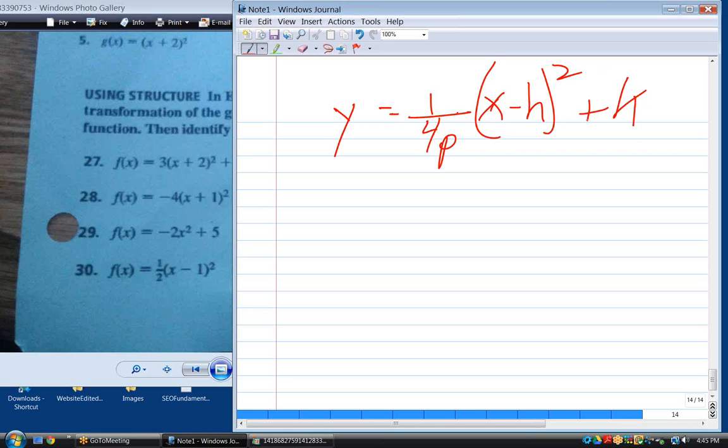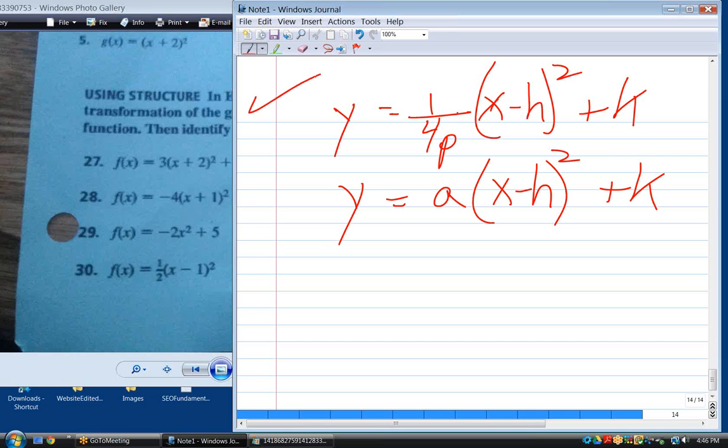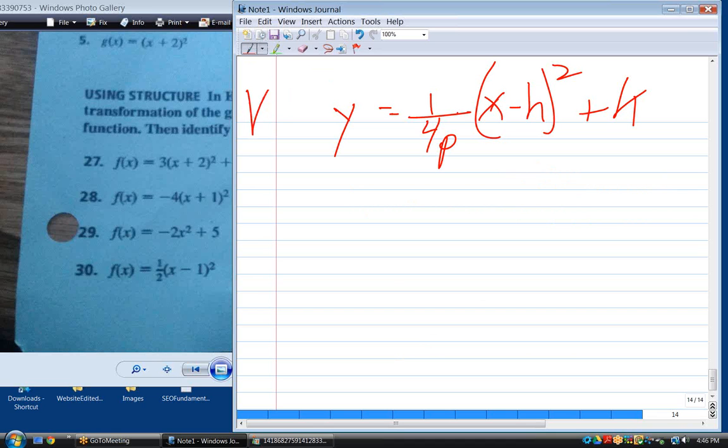All right. And this fits the general format of a parabola. Remember this? That is the vertex format for a parabola. All right. So the only difference when we're talking about parabolas where we care about focuses and directrix is that we replace the a with 1 over 4p. Now that is what I call a vertical parabola. It either looks like this or it looks like that.